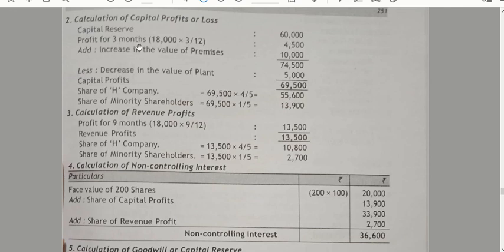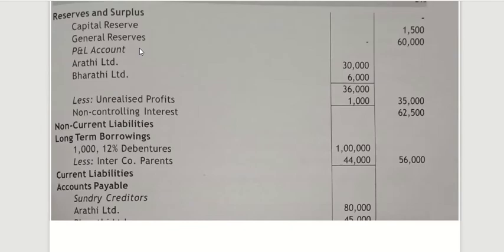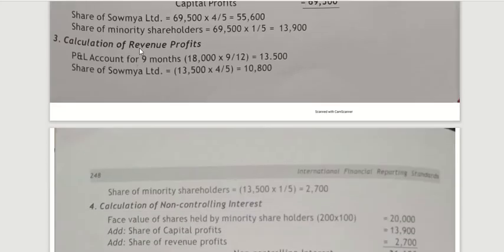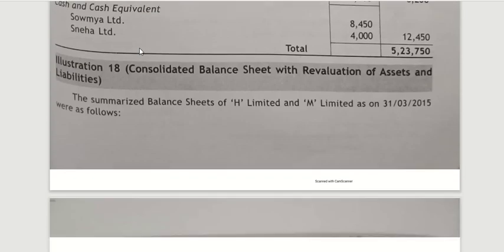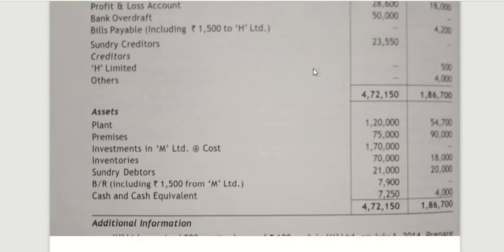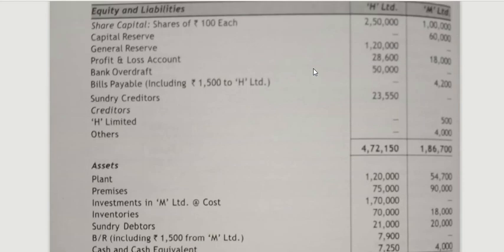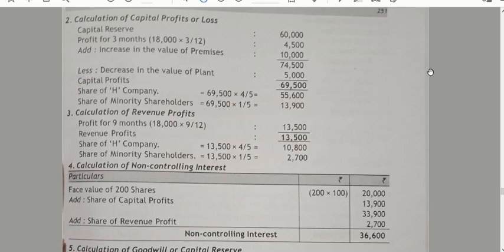Profits for 3 months: 8,000 is the amount of profit and loss account of the subsidiary company into 3 by 12, which is 4,500.